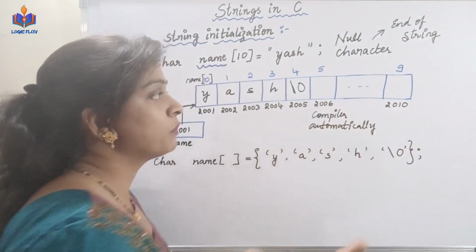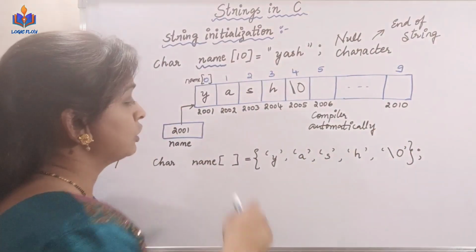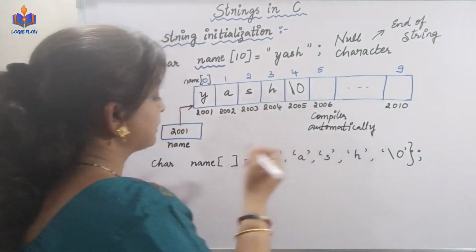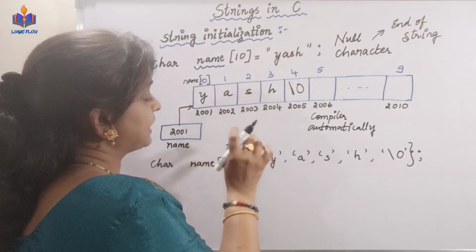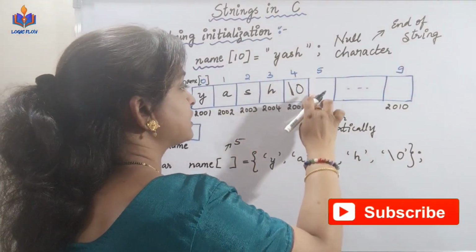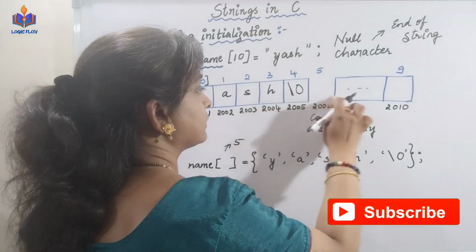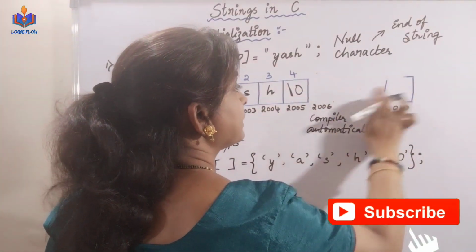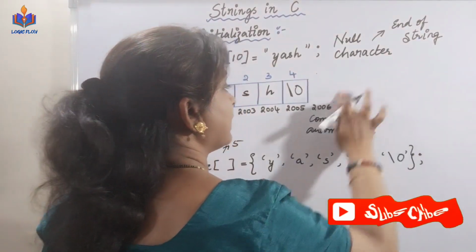So here you will not come across any garbage value. It is YASH, 1, 2, 3, 4, 5. The size will be decided as 5. This is the third method of initializing the array.